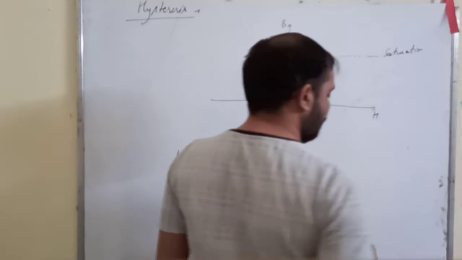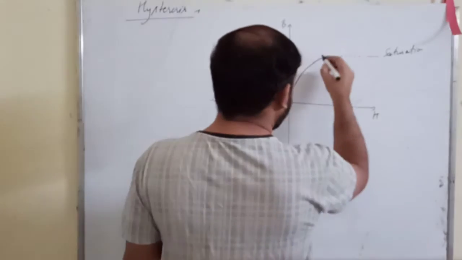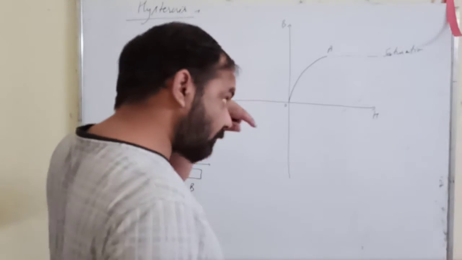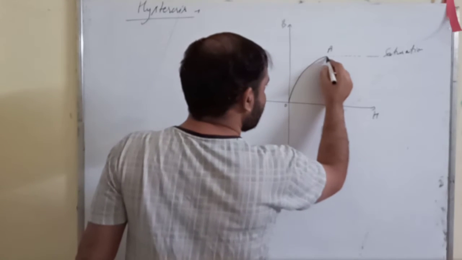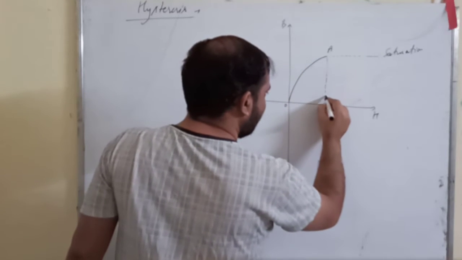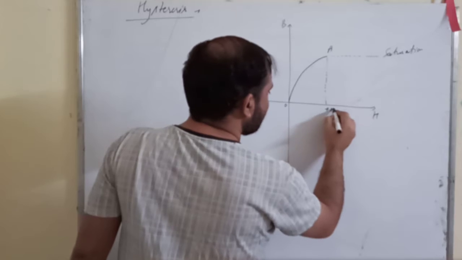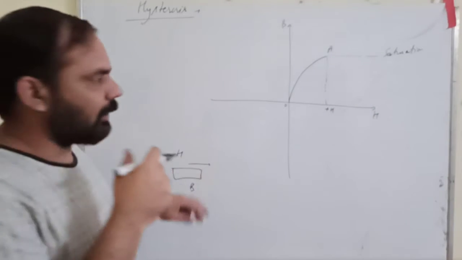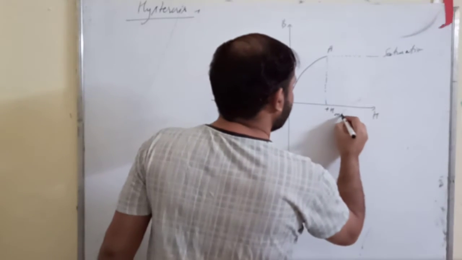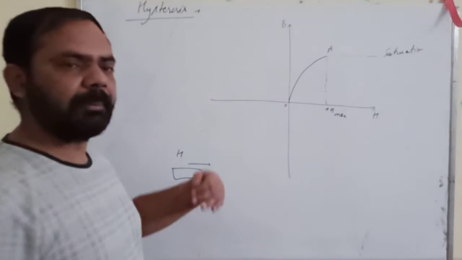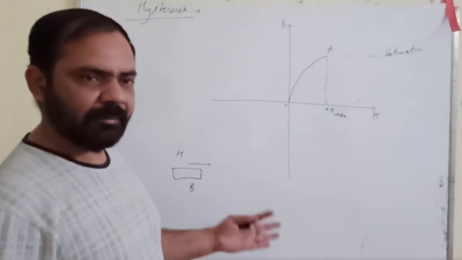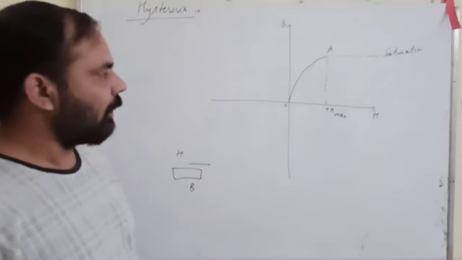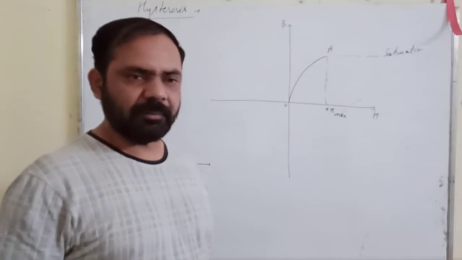Let us suppose that this point is A. If you draw a perpendicular, then this is your plus H max, your maximum intensity of magnetizing field in a particular direction. So we found that this type of graph we get.